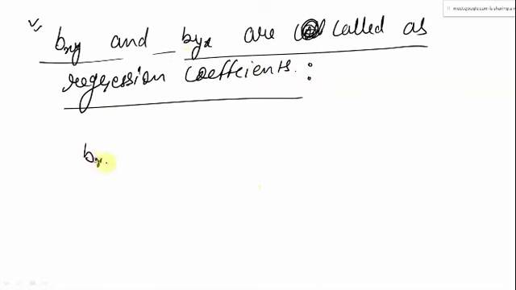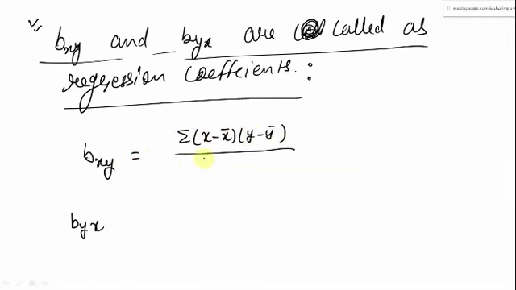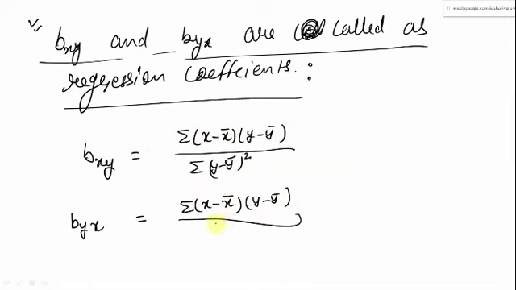What will be the value of bxy and what will be the value of byx? bxy will be summation x minus x bar into y minus y bar divided by summation y minus y bar square, and byx is equal to summation x minus x bar into y minus y bar divided by summation x minus x bar square.